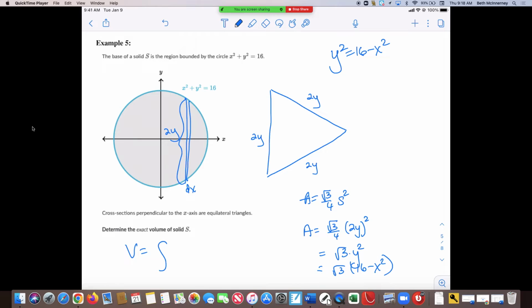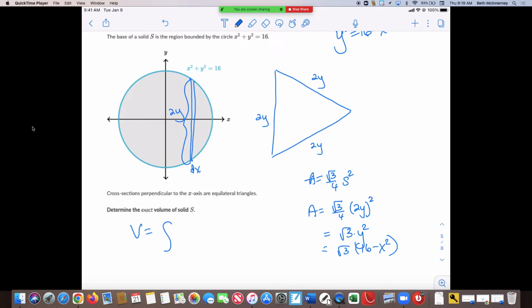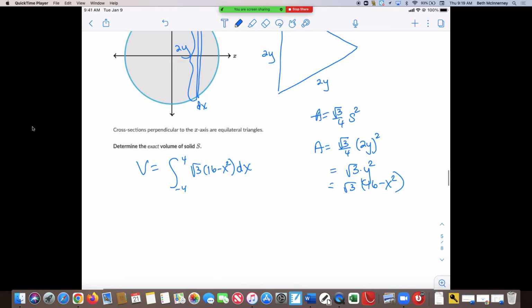All right, I'll put an extra step here for you. Because of symmetry, I can change this to 2 times the integral from 0 to 4.